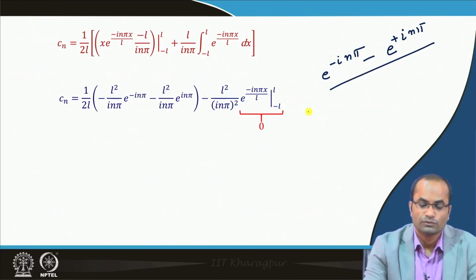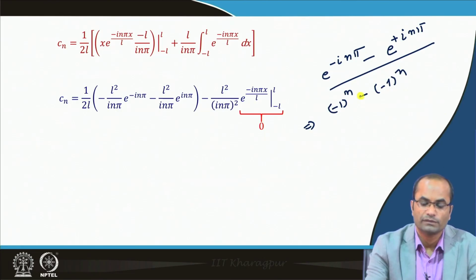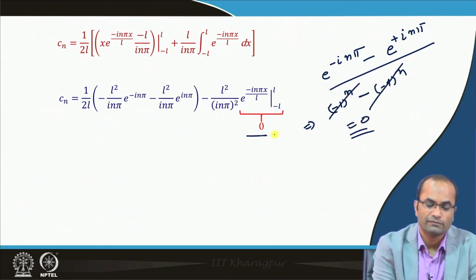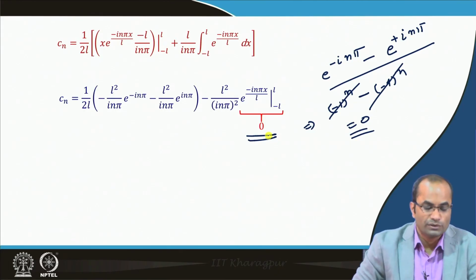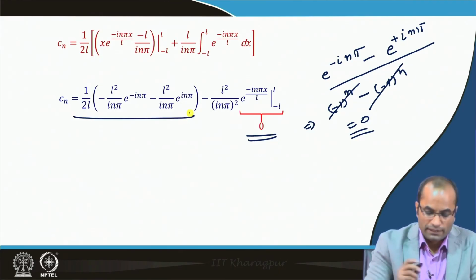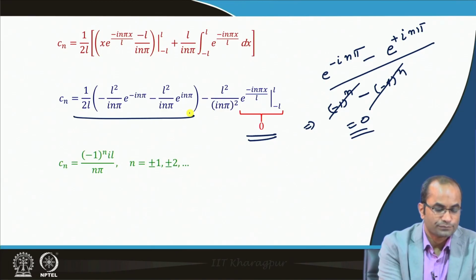So, we have these two terms, and the first one is minus 1 power n and the second one is minus 1 power n, the same thing, but with the minus sign. So, this gets cancelled, and therefore we have this value 0.